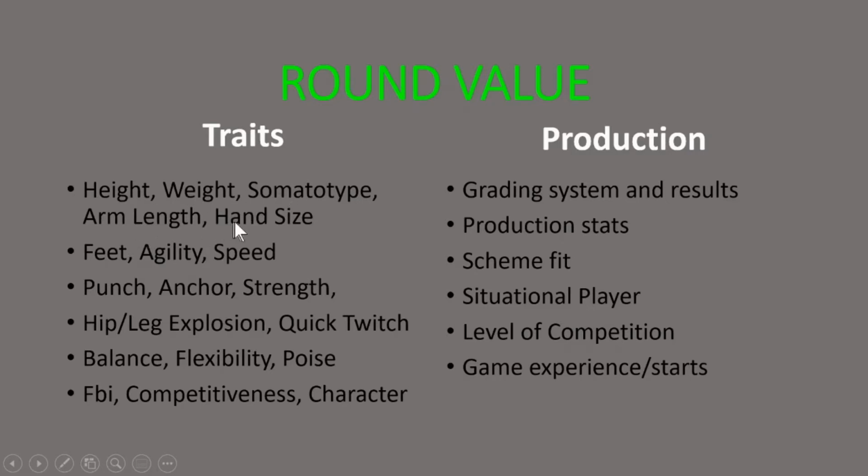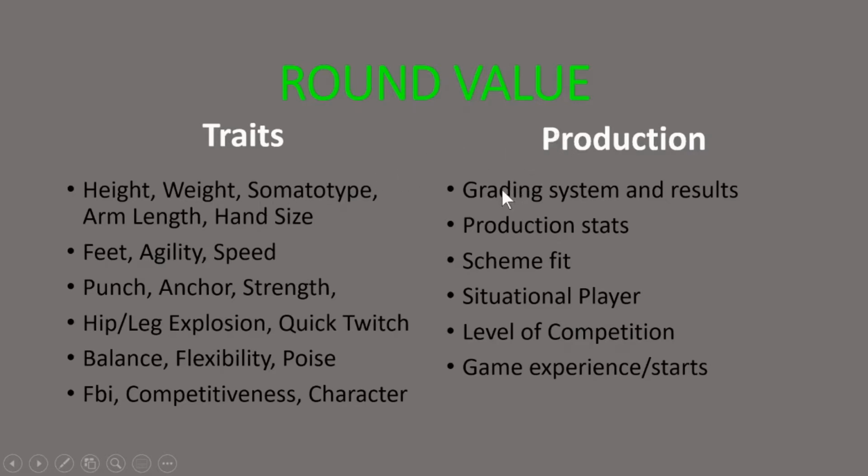His arm length, his hand size. What kind of feet does he have? Agility, his speed, punch, anchor, strength, hip and leg explosion, quick twitch, balance, flexibility, poise, FBI, competitiveness, character. We will talk about each one of these and determine how to put a grade on each one of those traits.